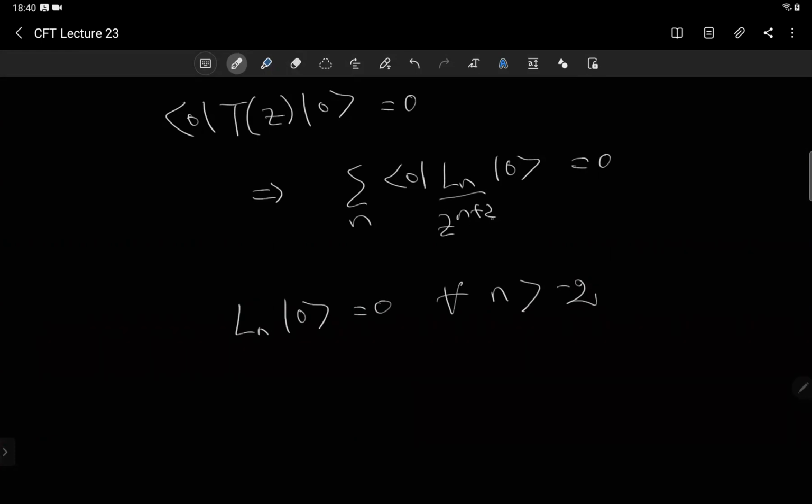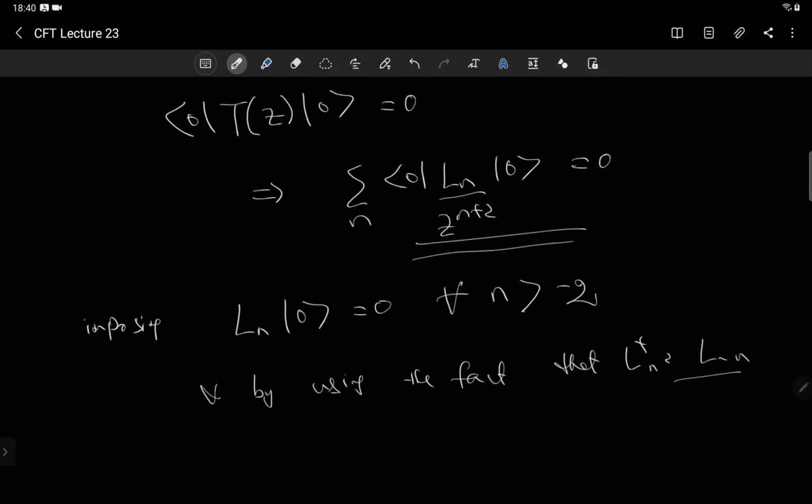Because then, by imposing Ln is 0 for this thing, and by using the fact that L dagger n is L minus n, from here it immediately follows that this is 0, right?